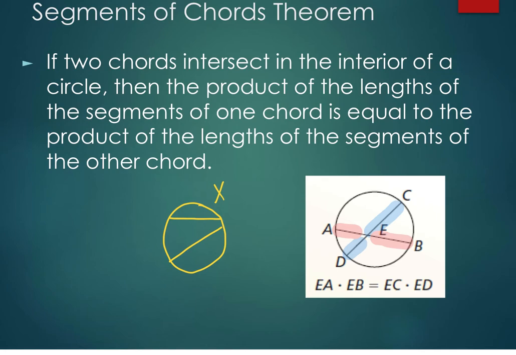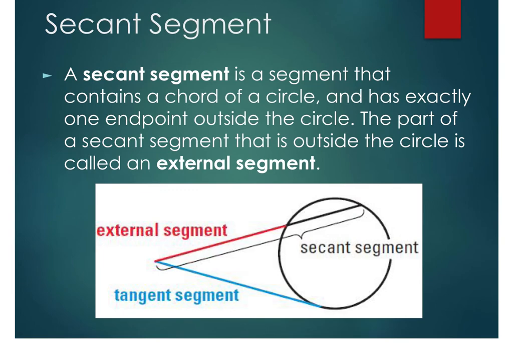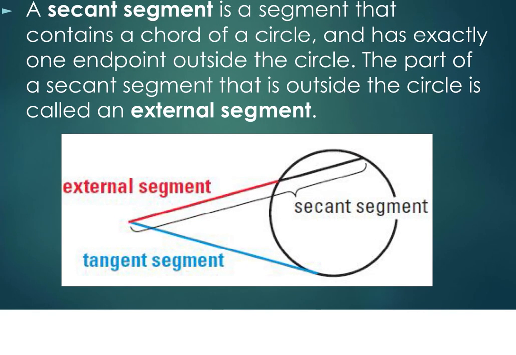Before we move on, I want to go to the secant segment slide, okay? So there's something called a secant segment. It's a segment that contains a chord of a circle and has exactly one endpoint outside the circle. The part of a secant segment that is outside the circle is called an external segment, okay? So there's a secant segment, which we're all familiar with, right?